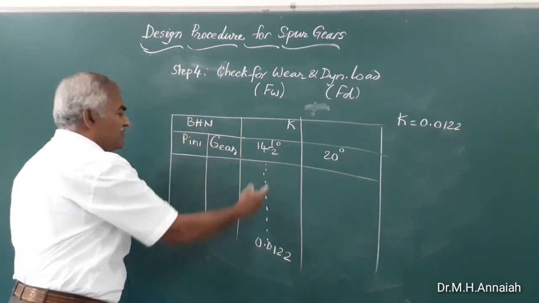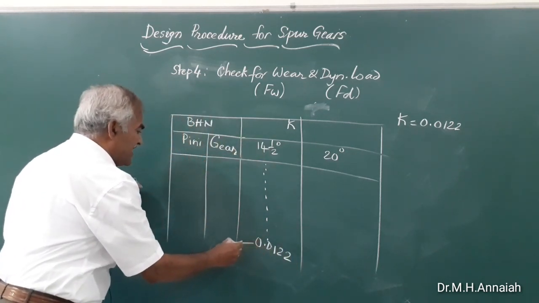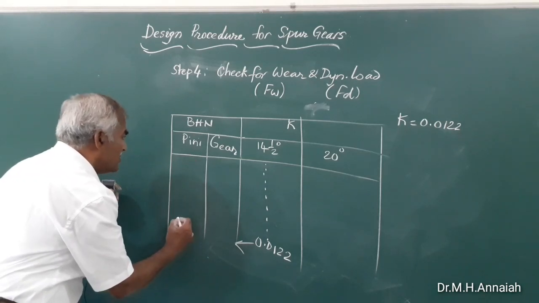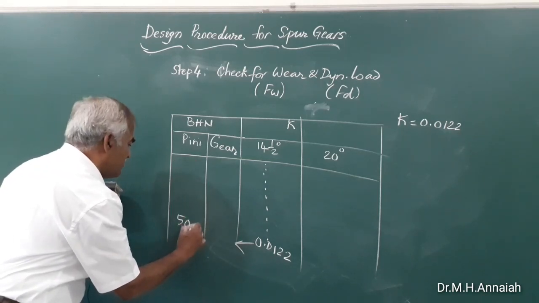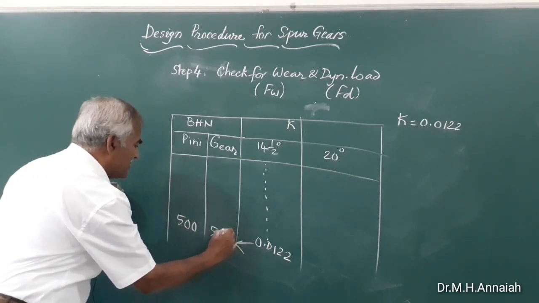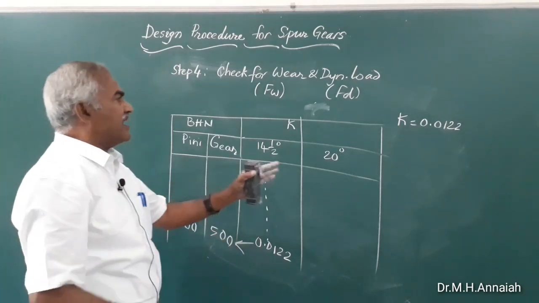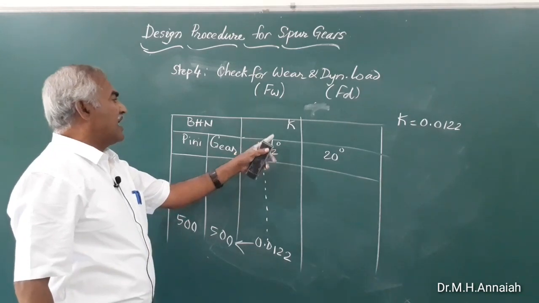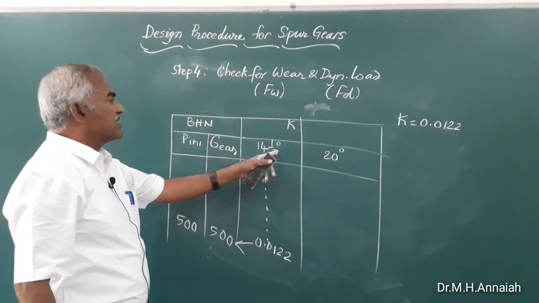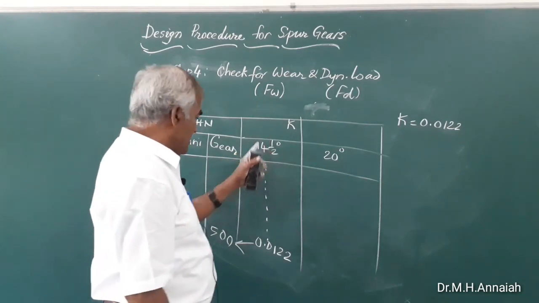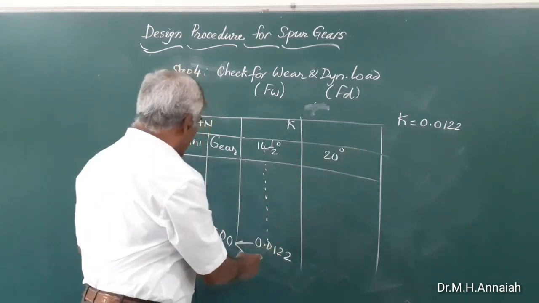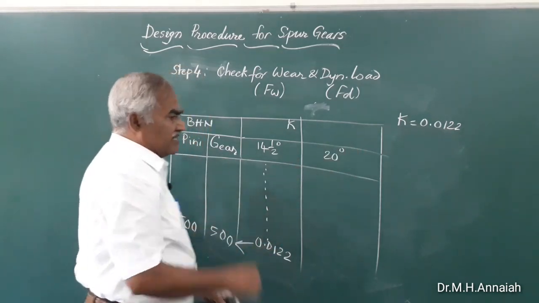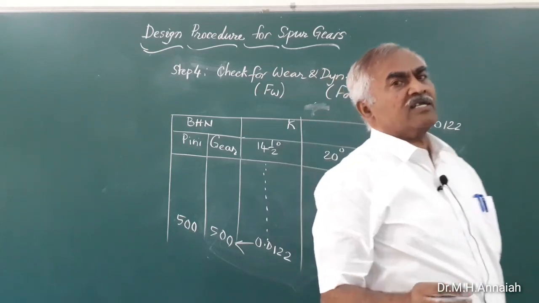Once you have this value of K, move on to the left hand side. Maybe you will have here the values say 500 BHN. So, after getting the value of K, refer to this table under this column 14.5 degrees involute profile corresponding to this value of K, move on to the left hand and find out what are the hardness.